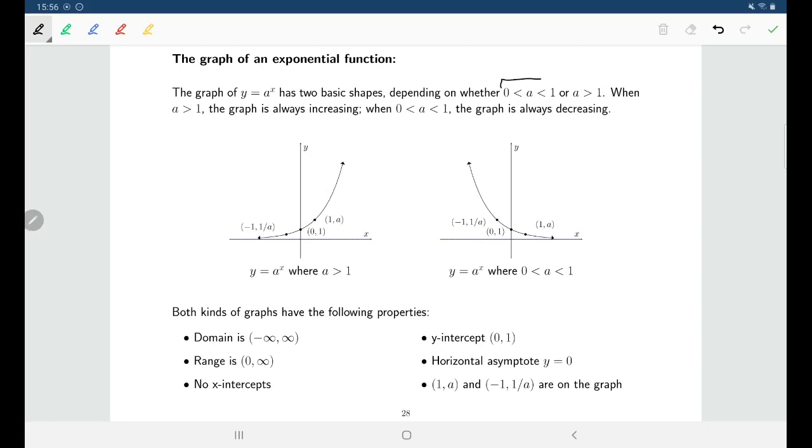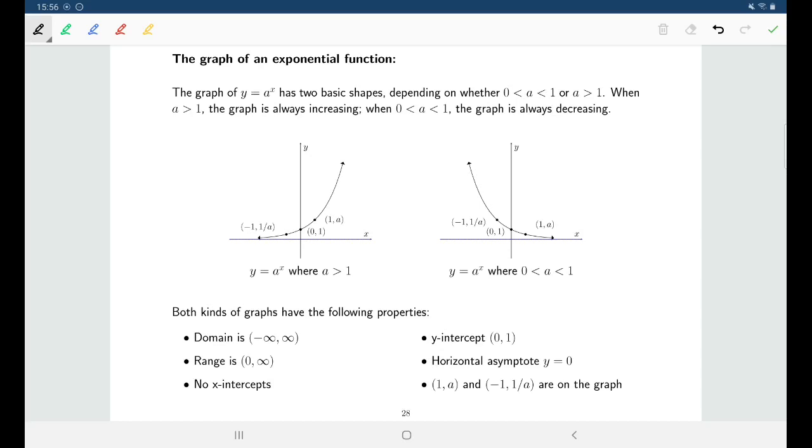If you have a small value for a, between 0 and 1, then the graph would be a decreasing graph, one that goes downward as we go further to the right. And of course, a can't be equal to 1 because that was one of the restrictions that we had. For our base for an exponential function, it has to be positive and also not 1.